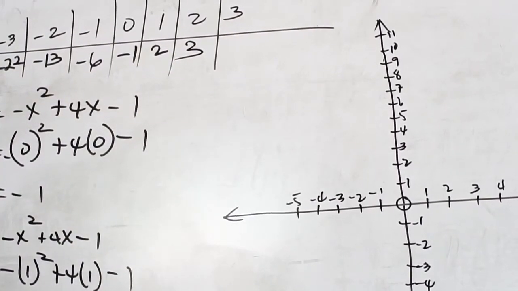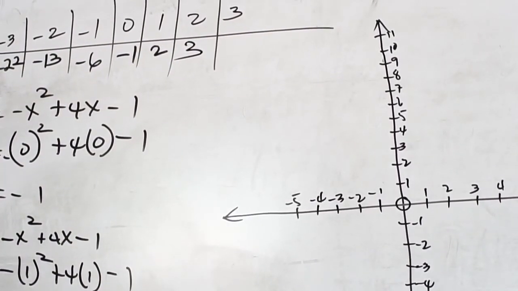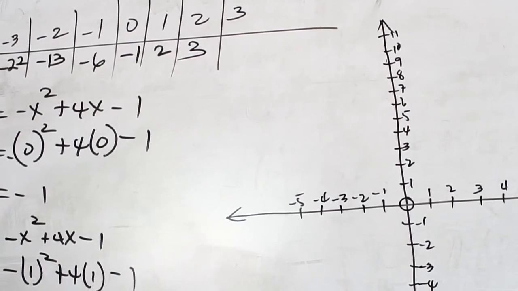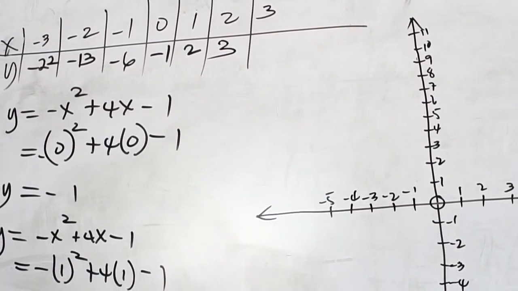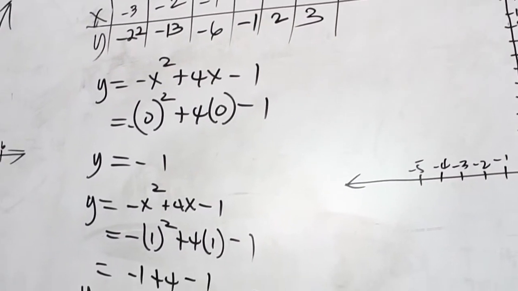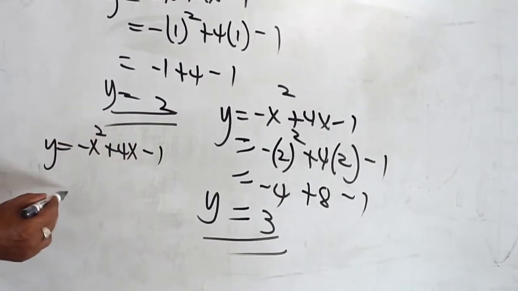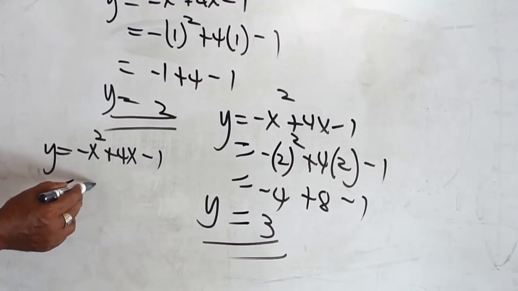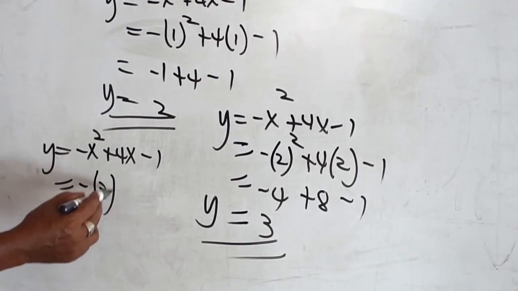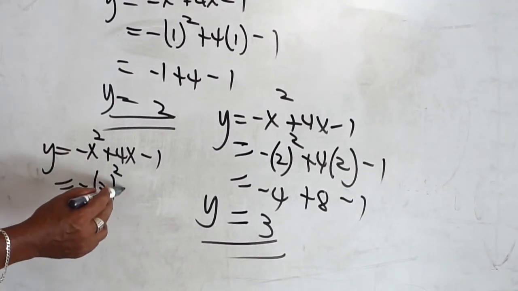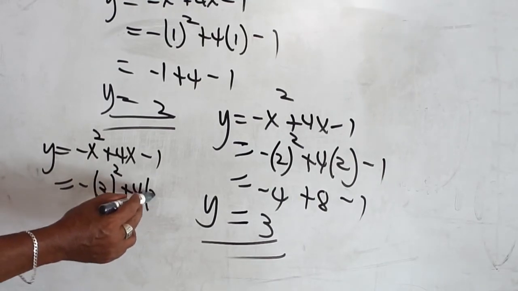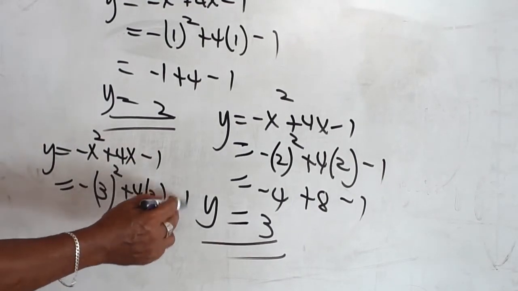Then next, if the value of x is 3, negative x squared, positive 4x, then negative 1. Then substitute: negative 3 squared, then positive 4 multiplied by 3, then negative 1.